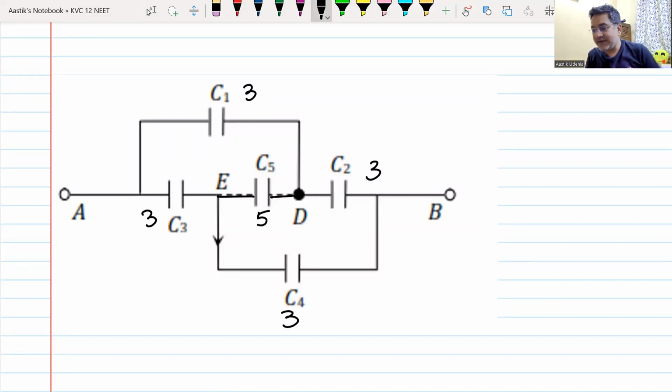What is the effective capacitance between A and B? And I wait for your answers.